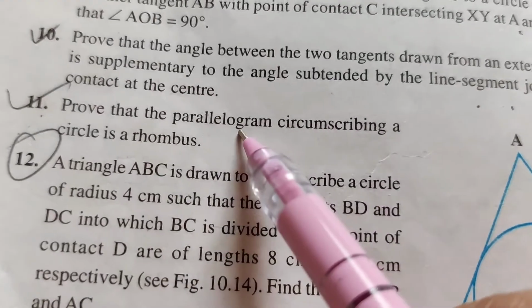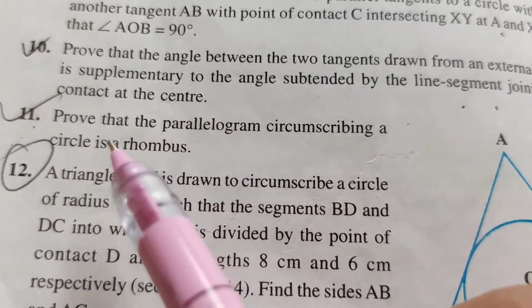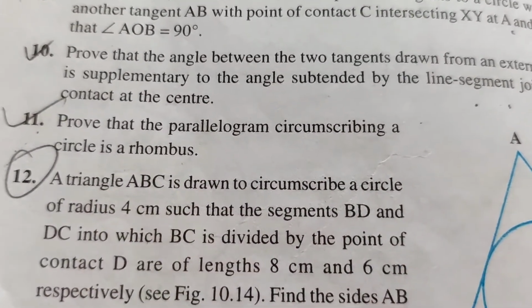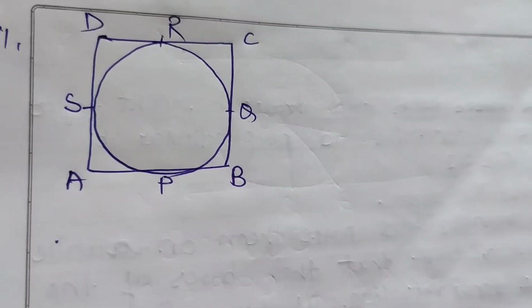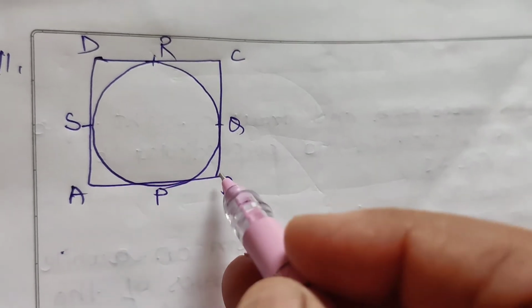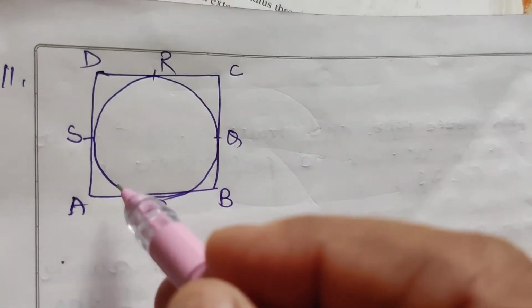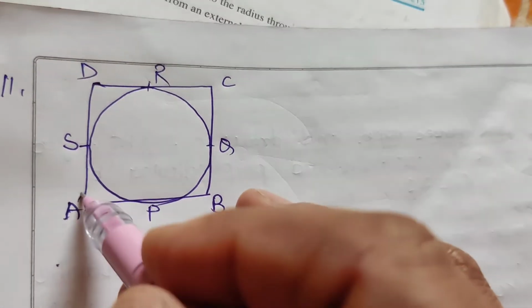Prove that a parallelogram circumscribing a circle is a rhombus. We have to prove that ABCD is a rhombus. Given that ABCD is a parallelogram.